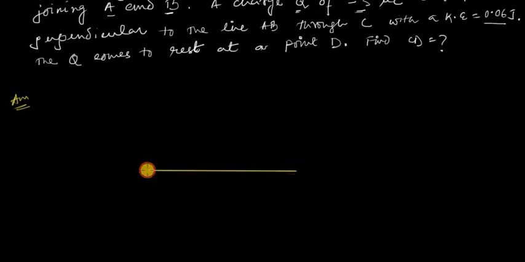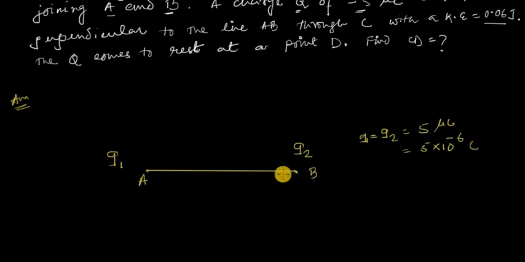This is our point A and this is our point B. Here the charge is Q1, here the charge is Q2, and we have Q1 equal to Q2 equal to 5 microcoulomb, that means 5 into 10 to the power minus 6 coulomb. There is a midpoint C.